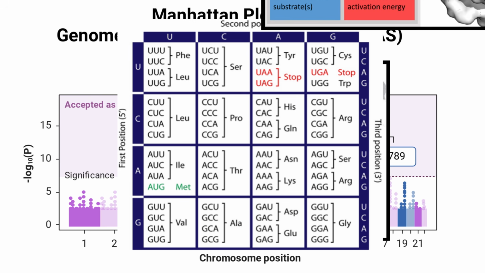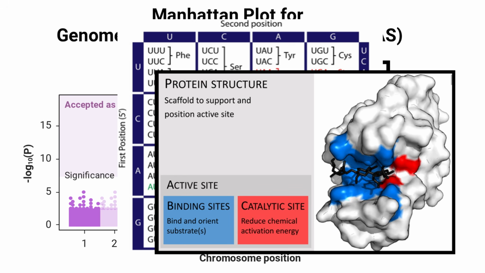So now take a look at this picture. What you see here is a protein, say some enzyme that speeds up certain biochemical reactions, and with blue color you see the binding site, and here is a molecule, and with red color you see the catalytic site which speeds up the reaction.